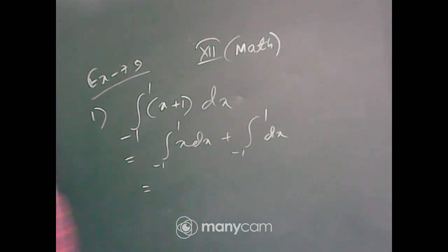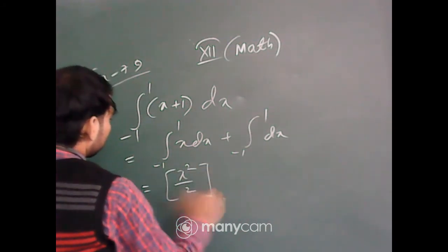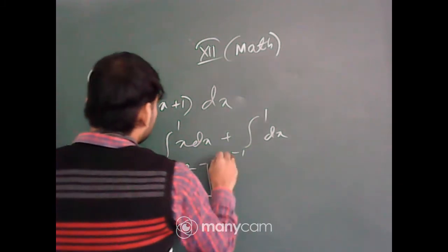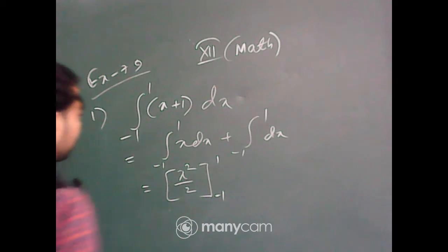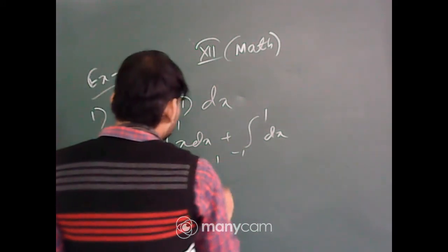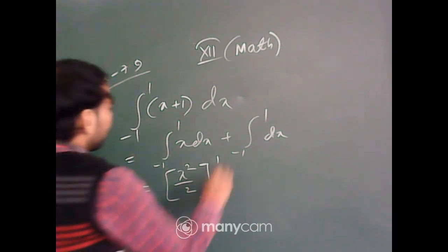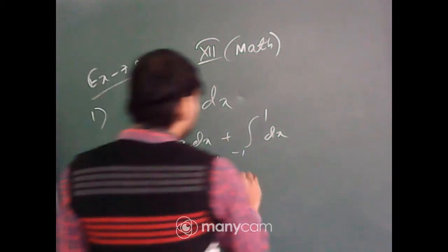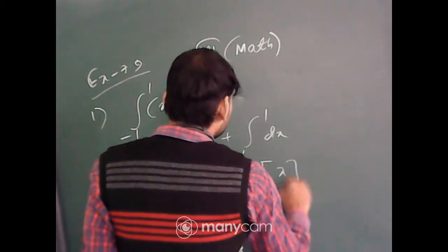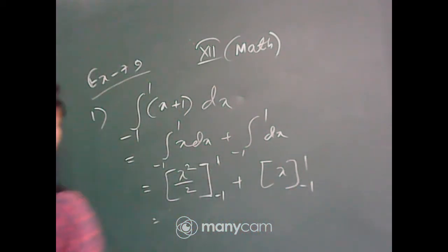That means it will be x square by 2, third bracket, and then write the limits outside the third bracket. The upper limit will be in the superscript position, and the lower limit in the subscript position of the third bracket, and it will be x. Okay, now put the limits.